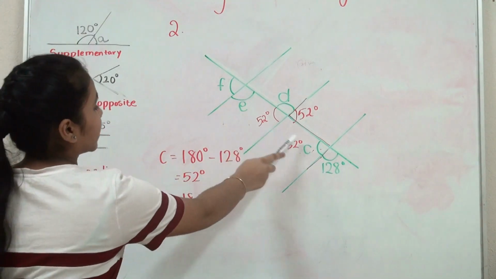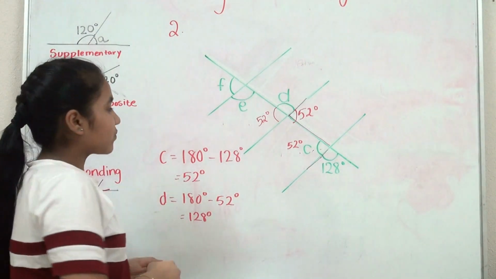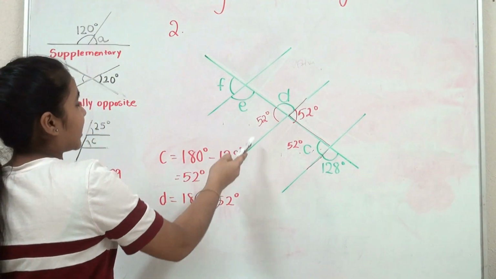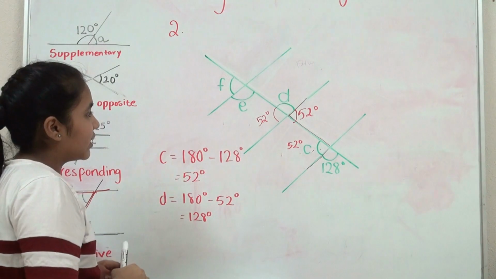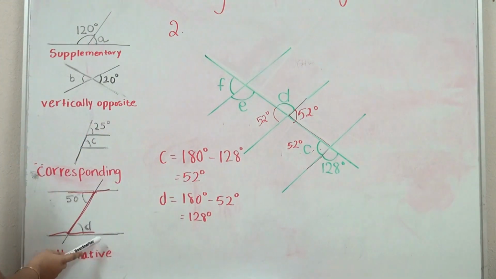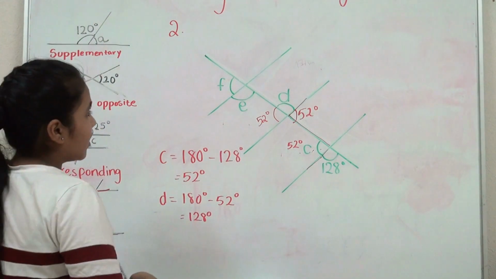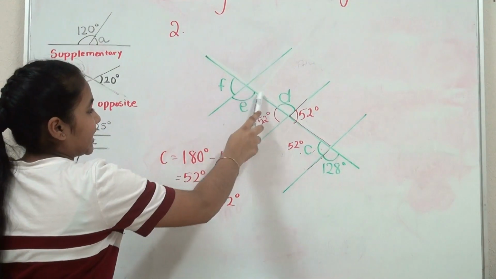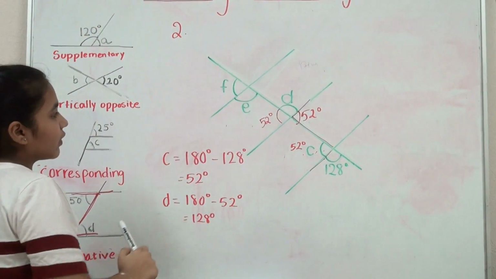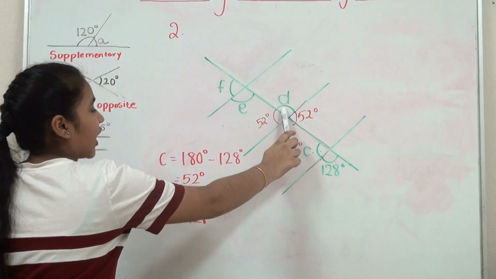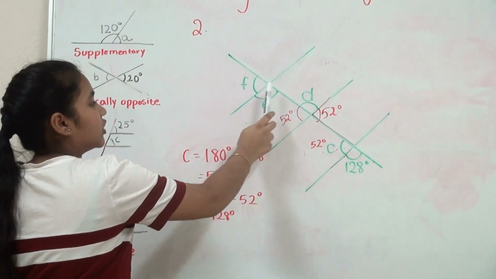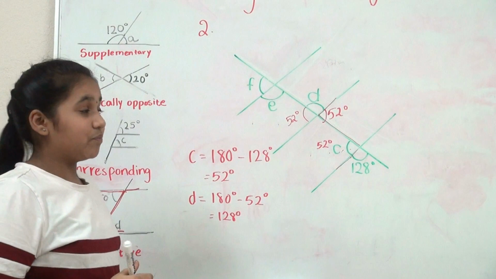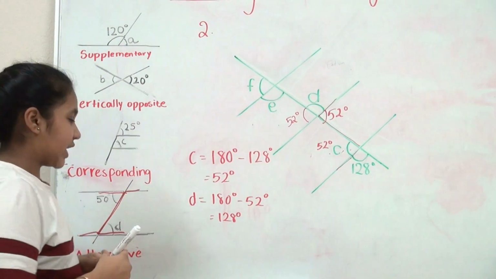Now we have found 2 angles, and then now we need to find E. As I said, alternative angles. You can find a Z over here. So this angle, D, is equal to this angle, which is E. So D and E are the same.